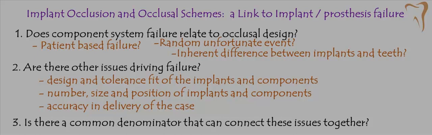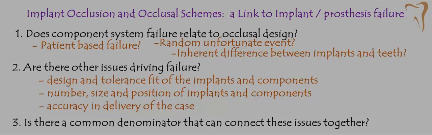And, or is it an inherent difference between implants and teeth with the loss of the ligaments, et cetera? And we'll show a little bit of that in a moment. Or is it just a random, unfortunate event that occurs in some of our patients, and we just have to sort of live with it? Well, we know it's an unfortunate event, of course, but is it random? Well, I don't really think so.